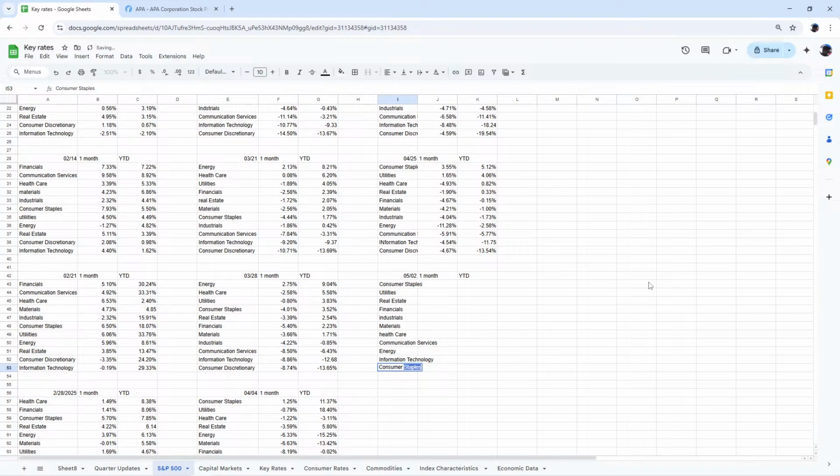Technology, consumer discretionary, and then we're gonna throw in some numbers. Honestly, I hate when these numbers are negative because it just means so much more typing. 12.7? Yeah, wow. Energy's down 12.7 over the last month. That's insane.